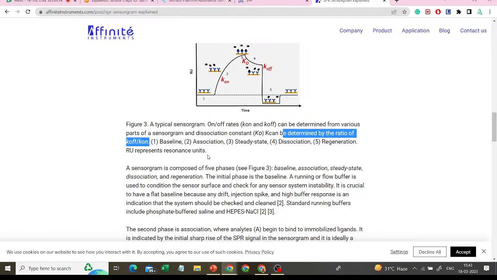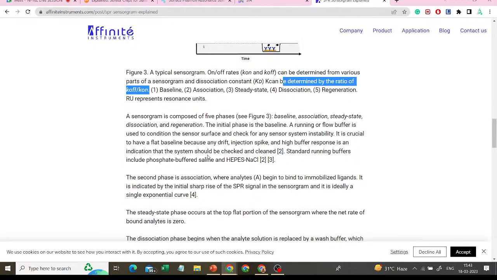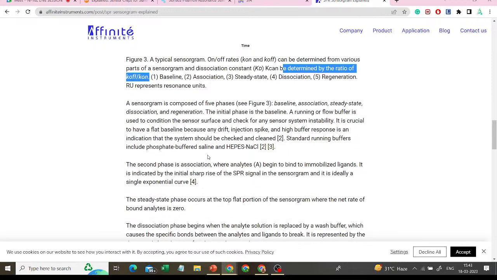Regeneration is done so that your surface chemistry is back and can be reused for other experiments. Of the 5 phases, the initial phase is your baseline, and running or flow buffer is used to condition the sensor surface and check for any sensor system instability, so it checks that first.